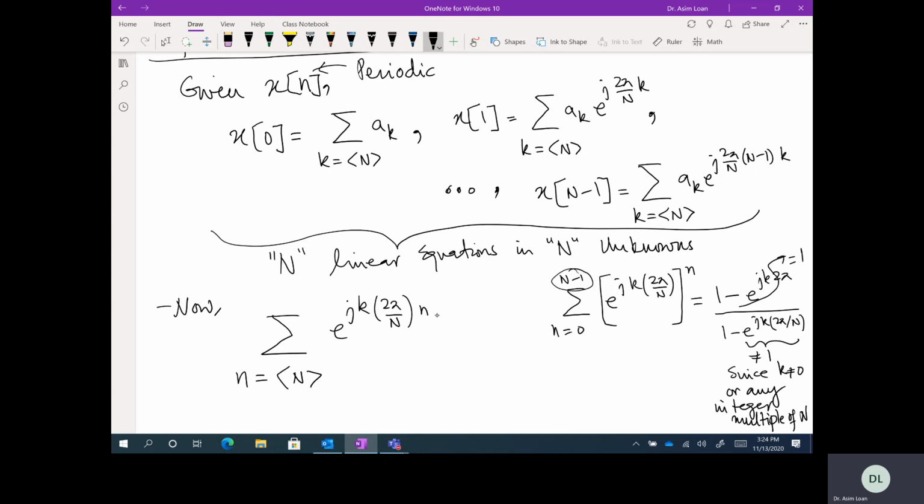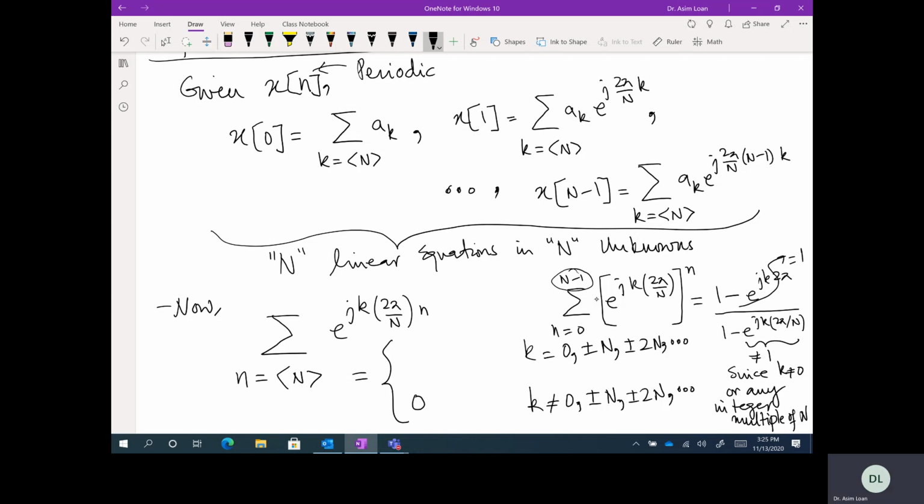So this summation is equal to 0 when your k is not equal to 0 or some integer multiple of N. And when k is equal to 0 or an integer multiple of N, then what happens?